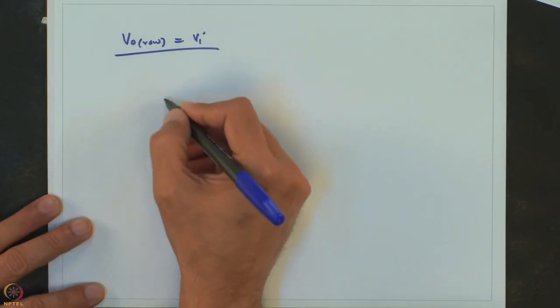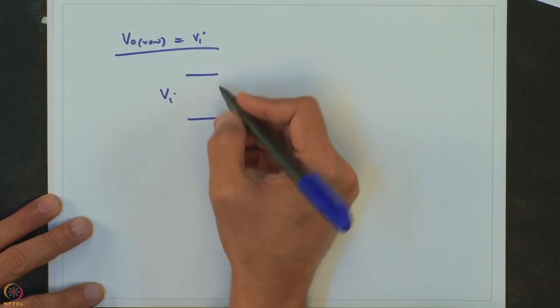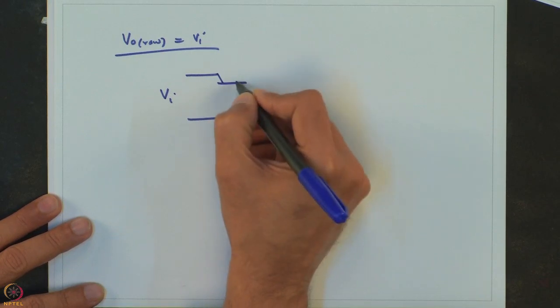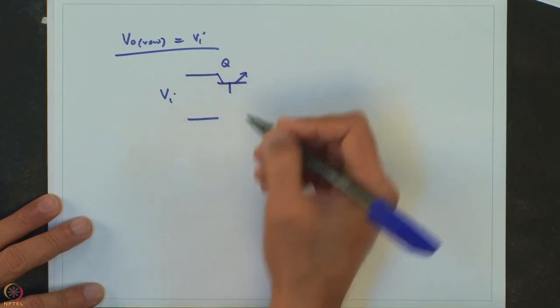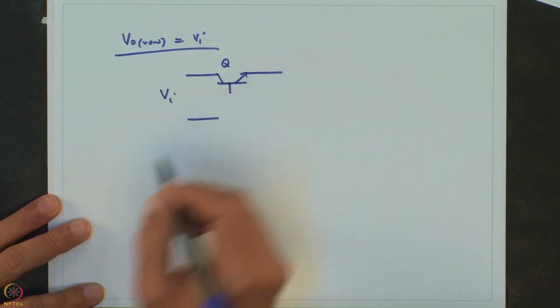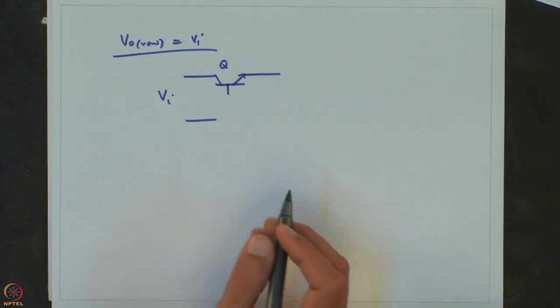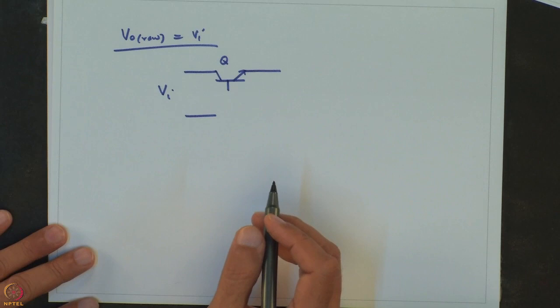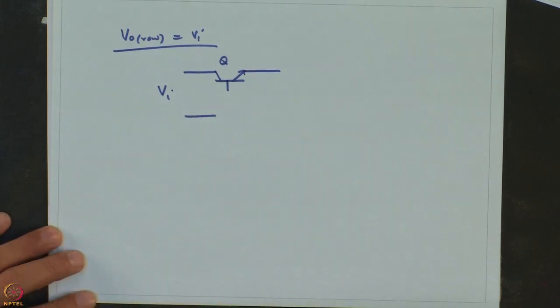So, VI, and here if you see I am putting one series pass transistor Q. Now, I know that I have not yet fully covered the bipolar junction transistors or field effect transistors, but let us rely on our knowledge that we have obtained earlier about transistors.